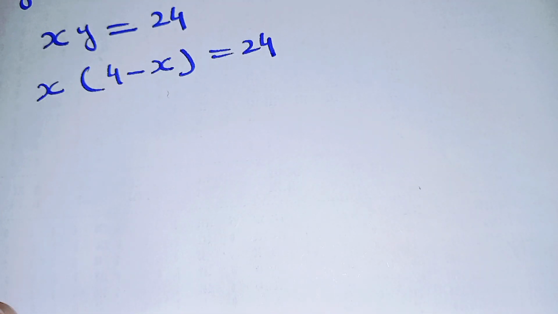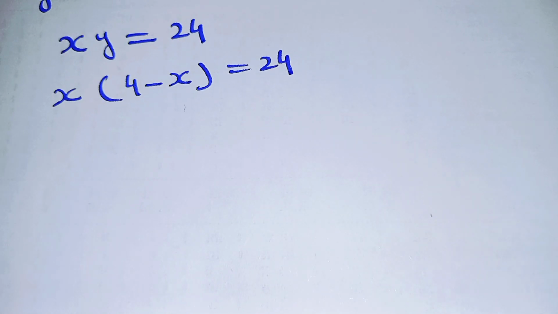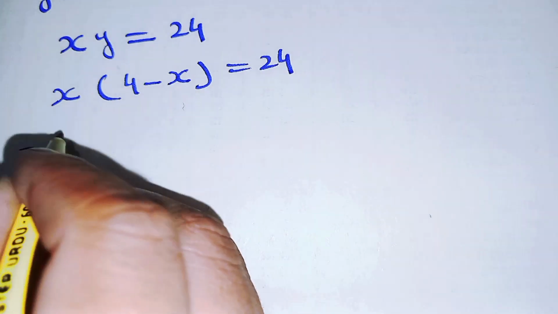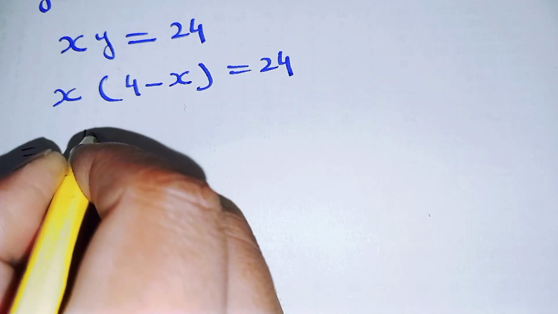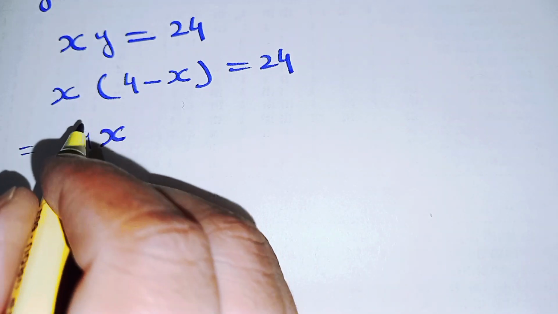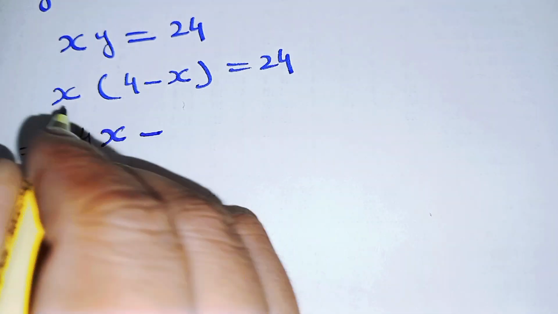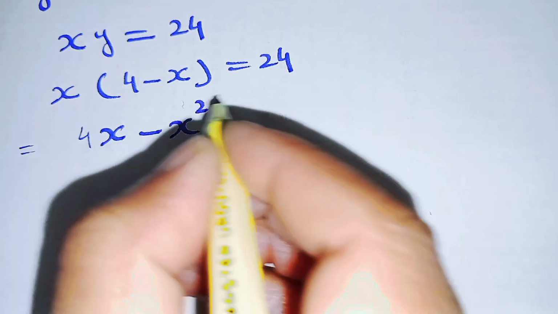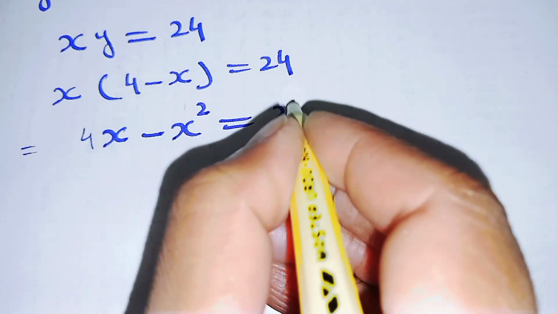Multiplying, x times 4 is 4x, and x times minus x is minus x square, equal to 24.